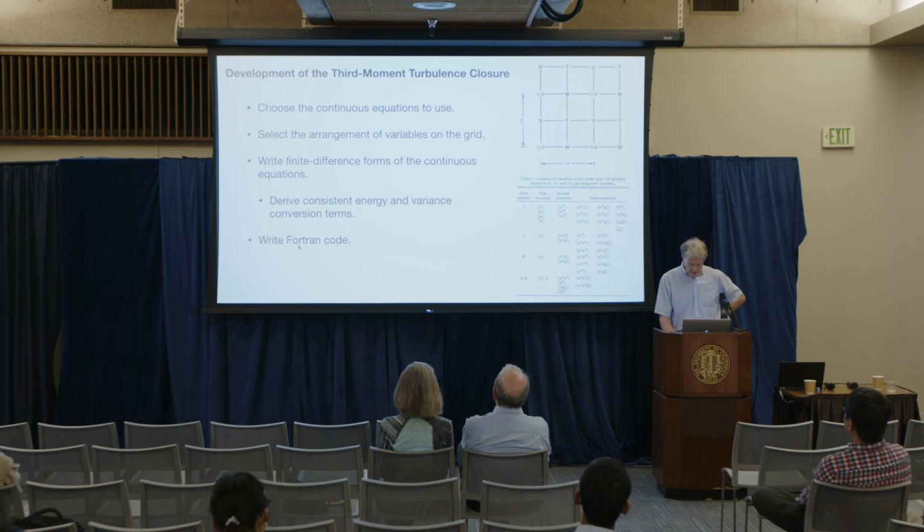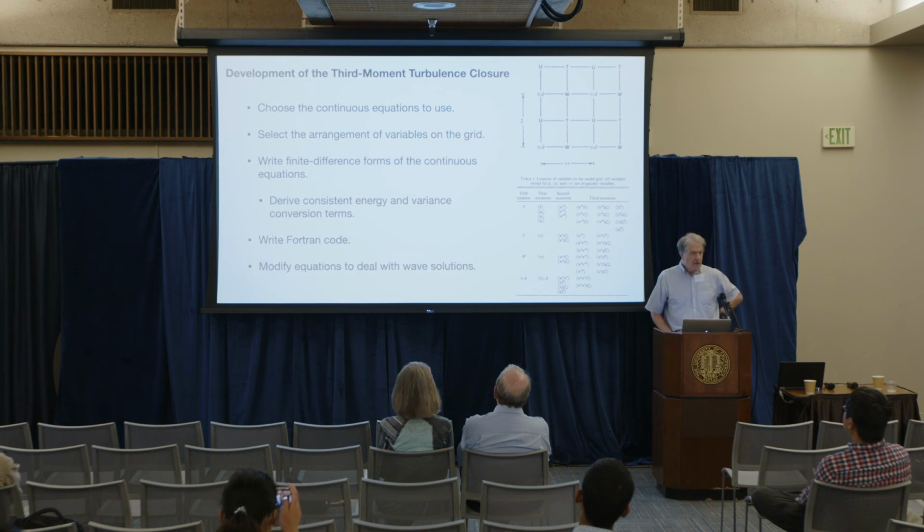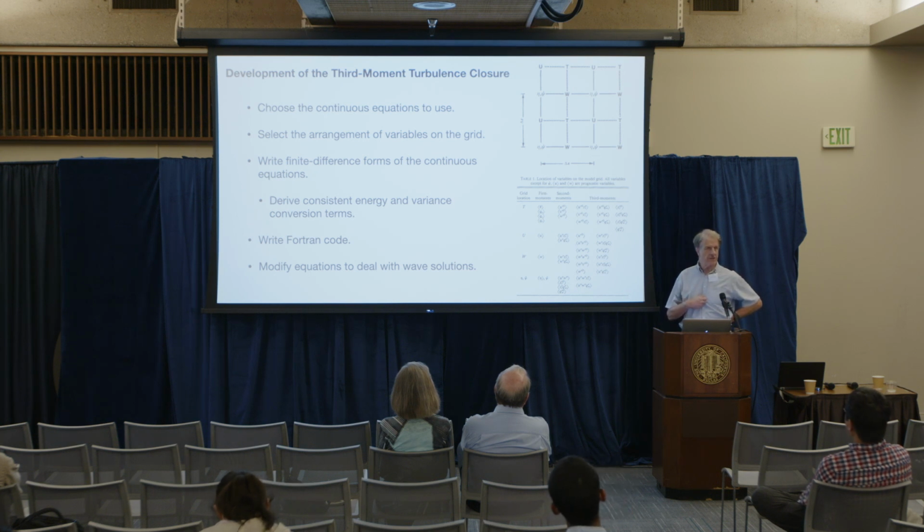And wrote the Fortran code, and of course, you know it's an iterative process. The main problem we ended up with was, these equations are very finicky. They like to have wave solutions as well as sort of diffusive solutions. Luckily, Jim Deardorff had written a paper on that, so he had given us some clues of how to fix this.